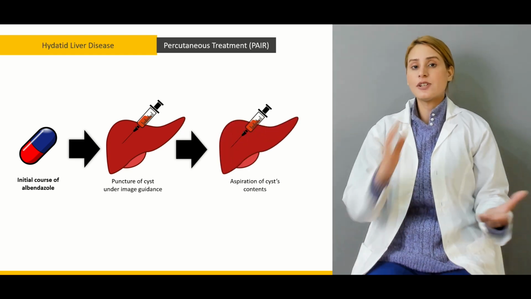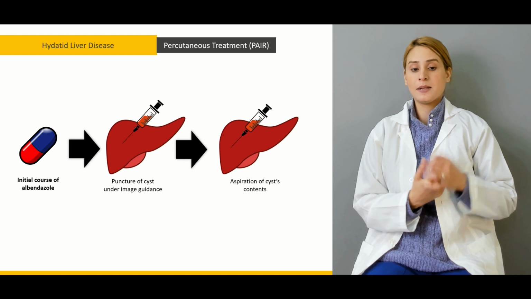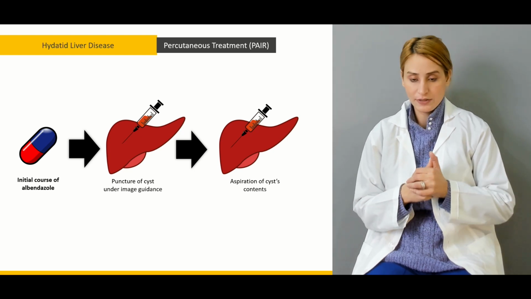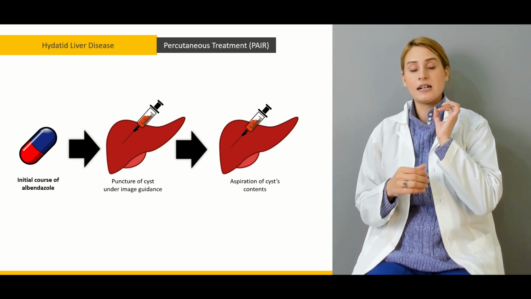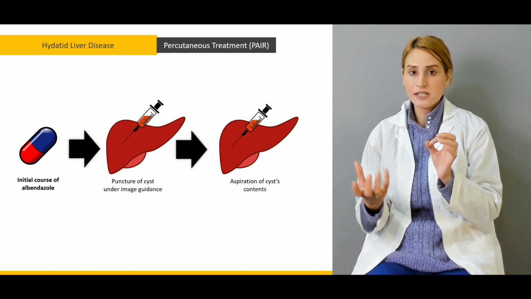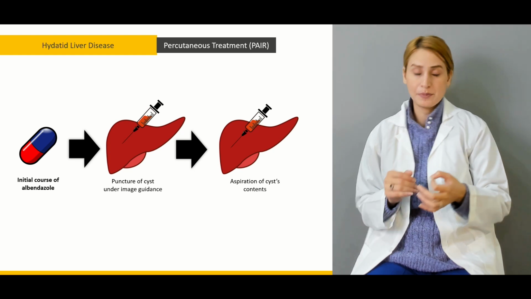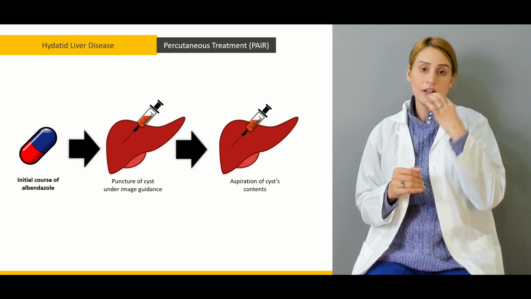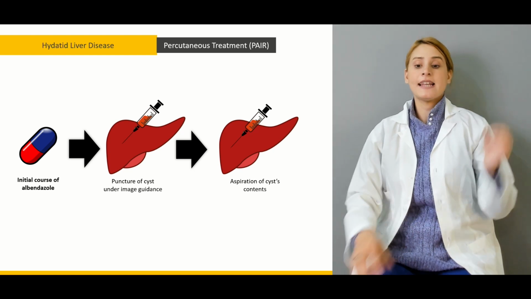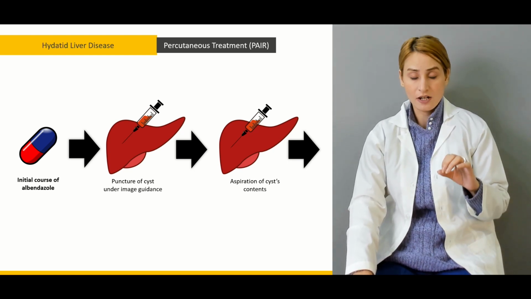So you give the initial course of albendazole or mebendazole. You puncture the cyst with a needle, which can go all the way percutaneously. And you have to do this procedure under ultrasonographic imaging guidance, and then you aspirate the contents of the cyst.